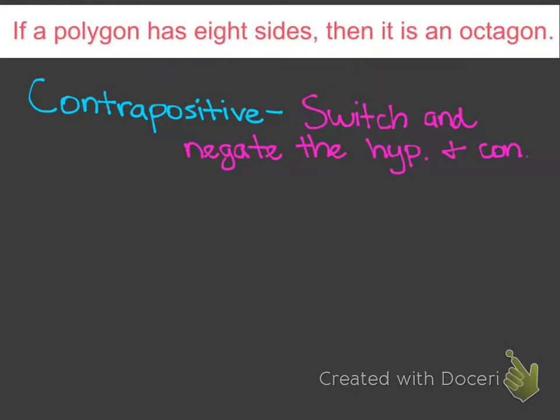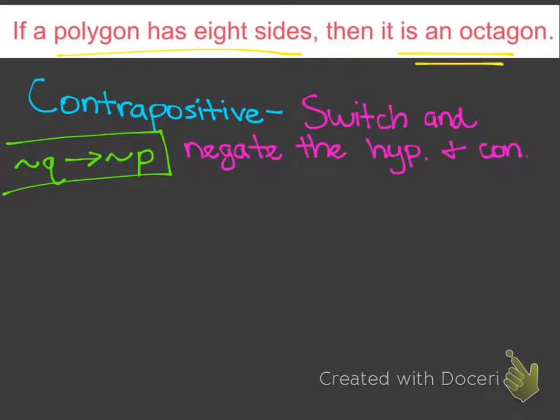Next, we're going to look at the contrapositive, and this one is last. For a contrapositive, we switch and negate the hypothesis and conclusion. So we switch the places, and then we add not to each of those. So the way that we would symbolize that would be not Q, then not P. And if you learn the symbols for these, it will help you when you're writing them. So contrapositive, switch, and also negate. So let's look at this one again. We got our hypothesis, we got our conclusion.